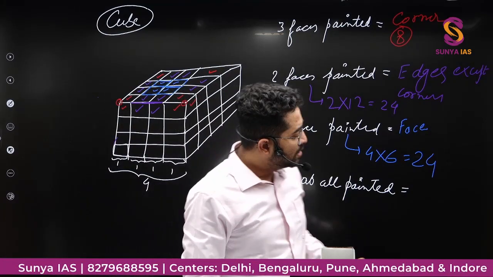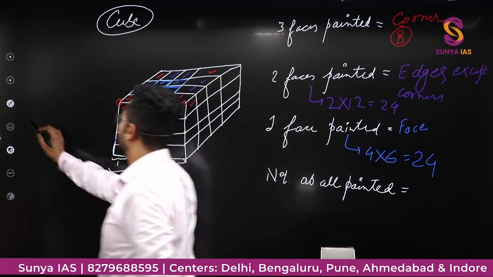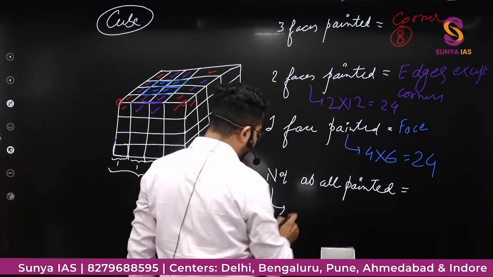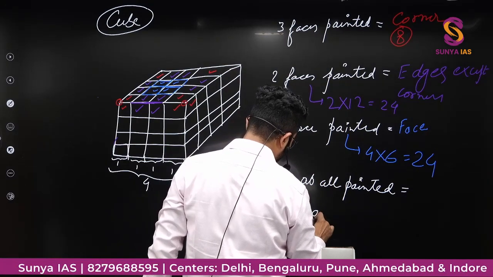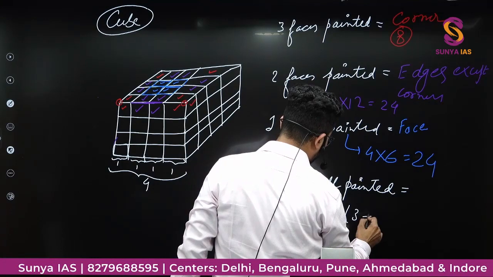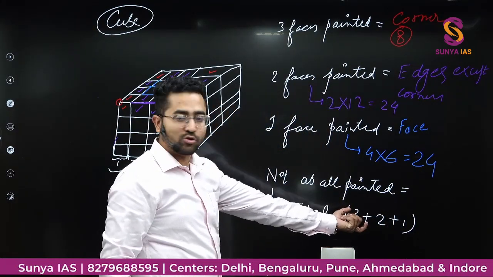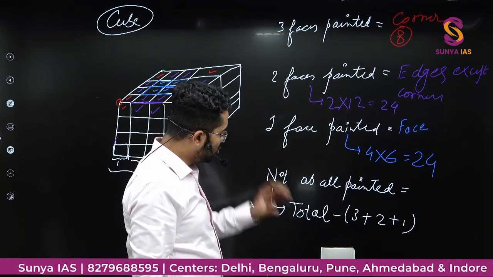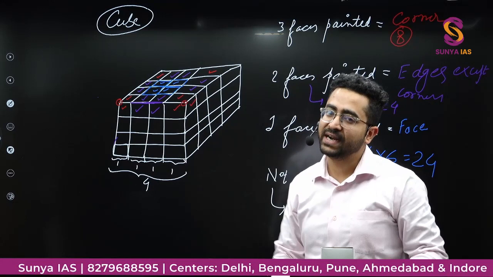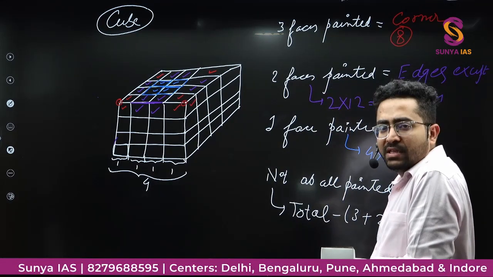But instead of calculating those, I will simply write that not at all painted will be the total number of cubes minus the cubes whose 3 faces are painted, whose 2 faces are painted, and whose 1 face is painted. If you subtract these three from the total, then you will get the cubes which are not at all painted, whose not even one face is painted. Any problem in this question?